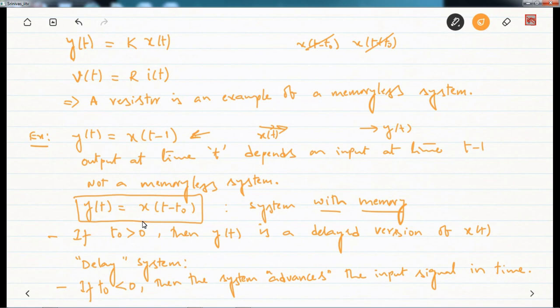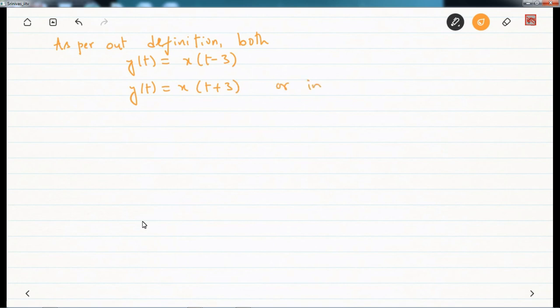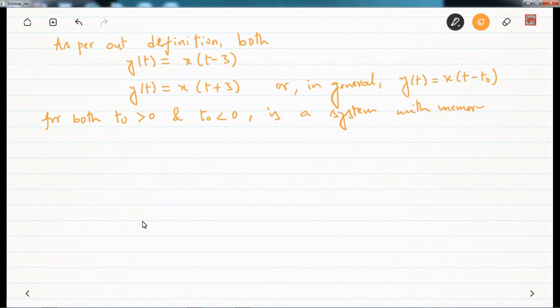So as per our definition, both y of t equal to x of t minus say 3 and y of t equal to x of t plus 3, or in general y of t is equal to x of t minus t naught, for both t naught greater than 0 and t naught less than 0, is a system with memory.